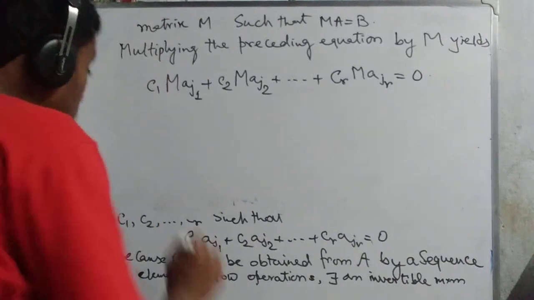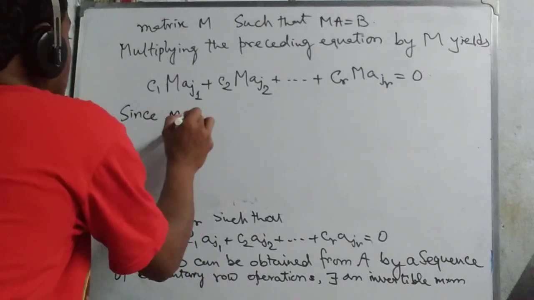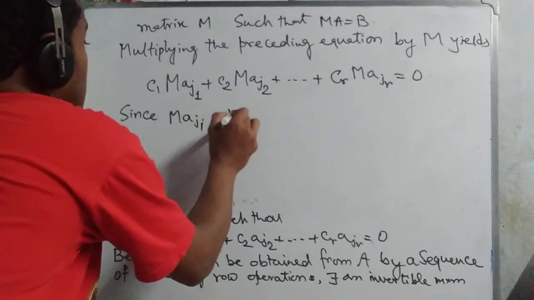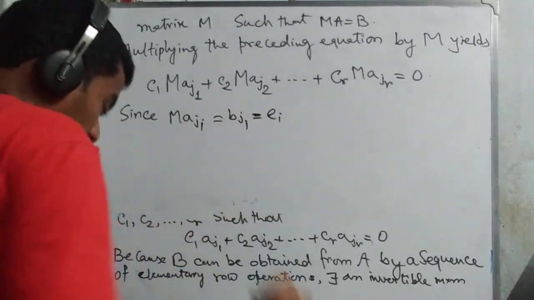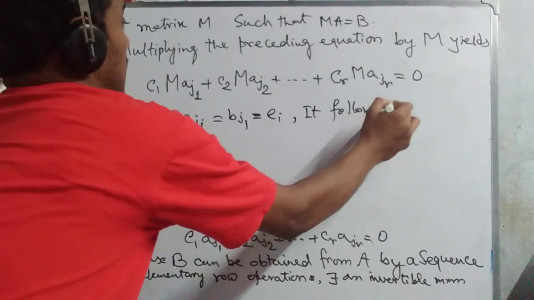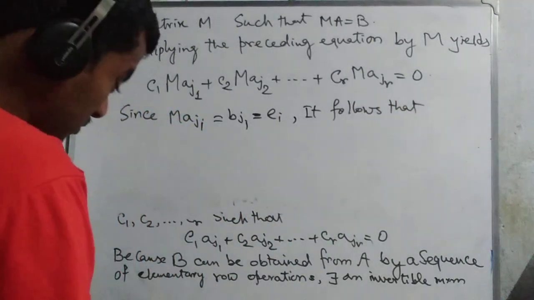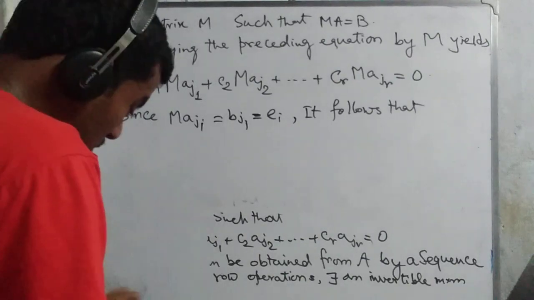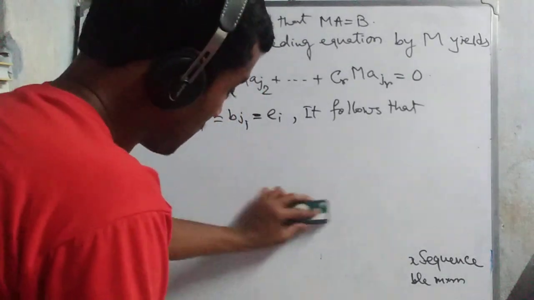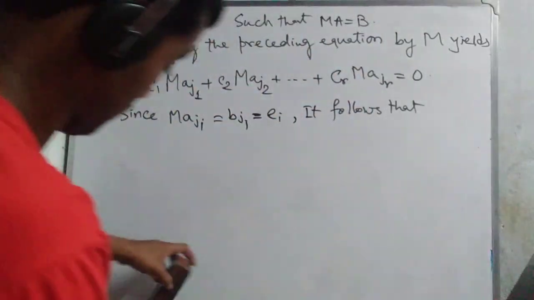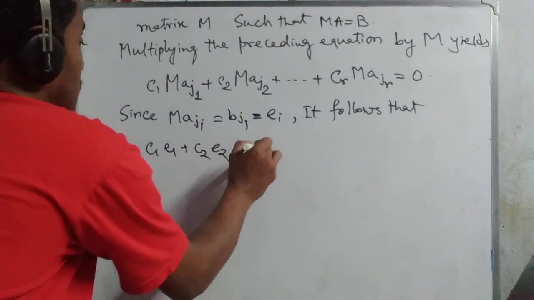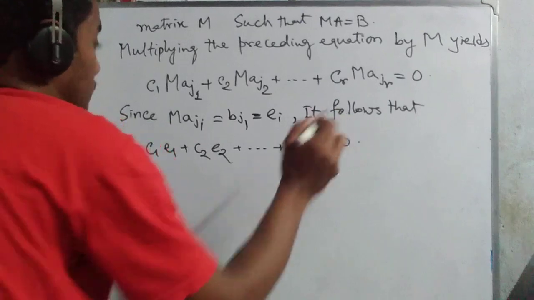Understood? Since M a_{ji} equals b_{ji} equals e_i, it follows that c1 e1 + c2 e2 + ... + cr er equals 0.